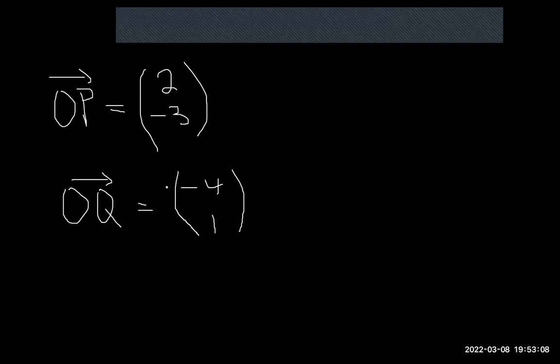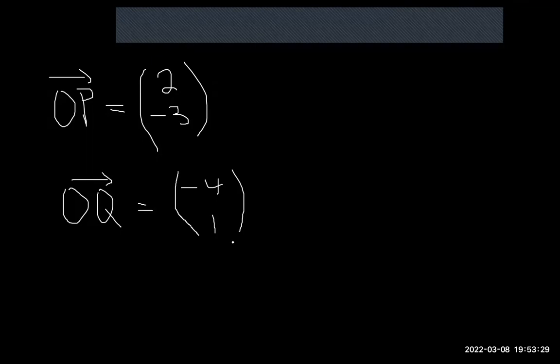In the previous questions, they gave us the vectors in terms of i hat and j hat. But for this question, they gave us the column vectors. So what does that mean?